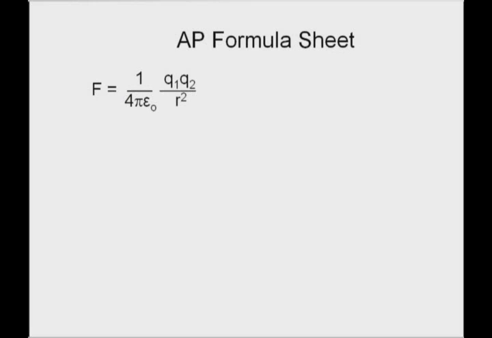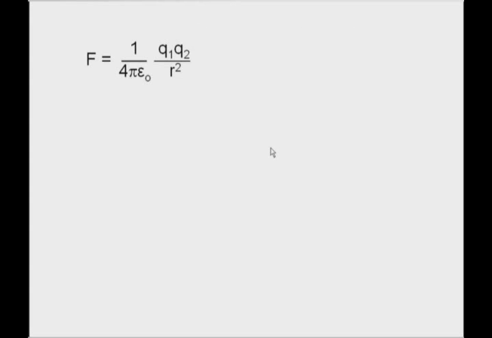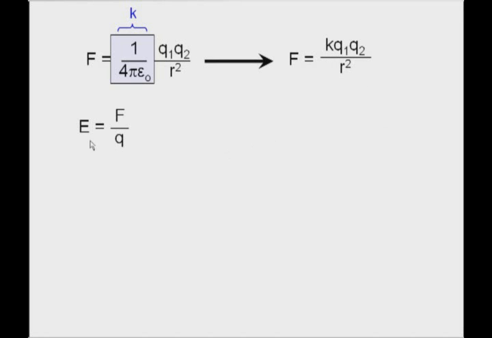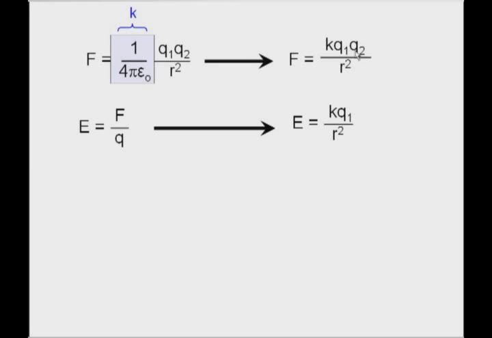On your formula sheet, we have some things to go over, so get your formula sheet out. This first formula, I mentioned last week that this front part is equal to K, and if you have the new formula sheet, I think they put the K in there. So this formula becomes KQQ over R squared. The next one on the sheet, the field is the force divided by Q. So if I take this force and divide one of the Q's out, we get KQ over R squared.